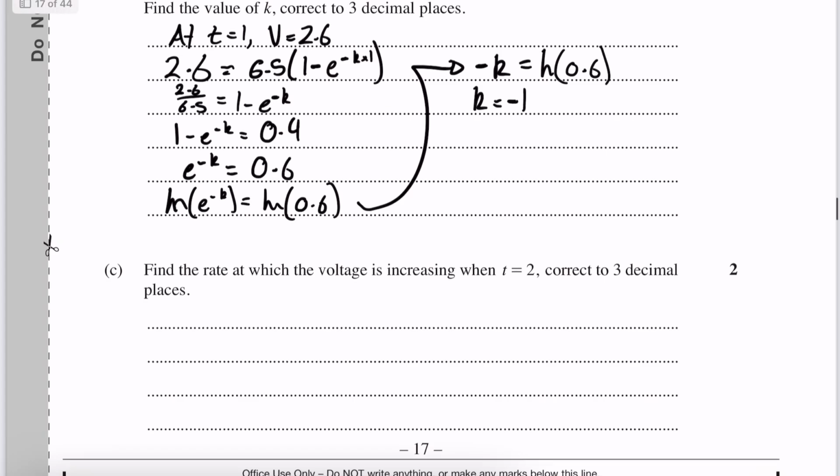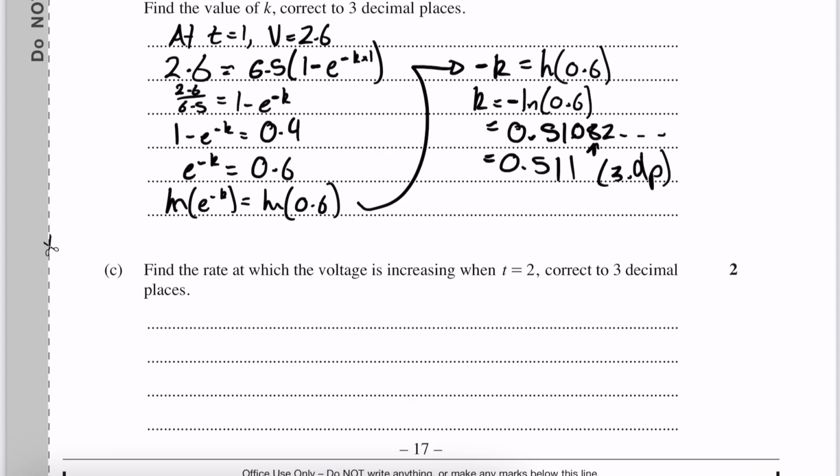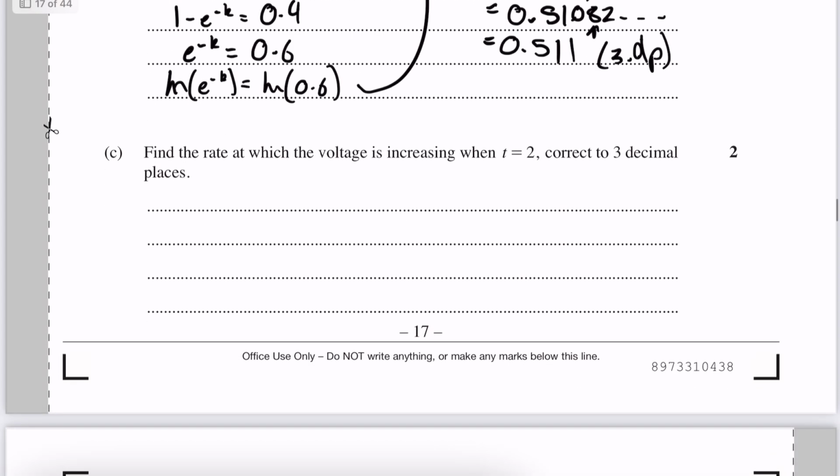And then that means k equals minus log of 0.6, which is equal to 0.51082, and to 3 decimal places is equal to 0.511, because we round up from that 8, and let's just specify that it's 3 decimal places. Cool. So we know the value of k now.